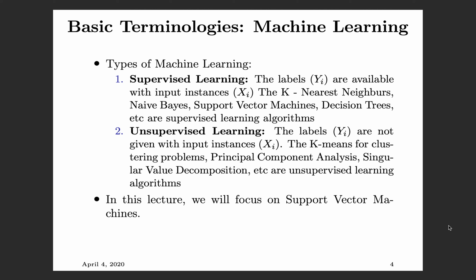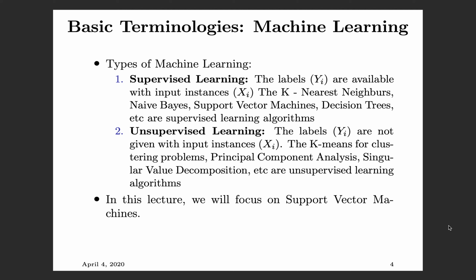Some supervised learning methods are neighbor-based methods, support vector machines, and decision trees. Earlier we have seen k-nearest neighbor and neighbor-based methods. In this lecture, we are focusing on SVM.